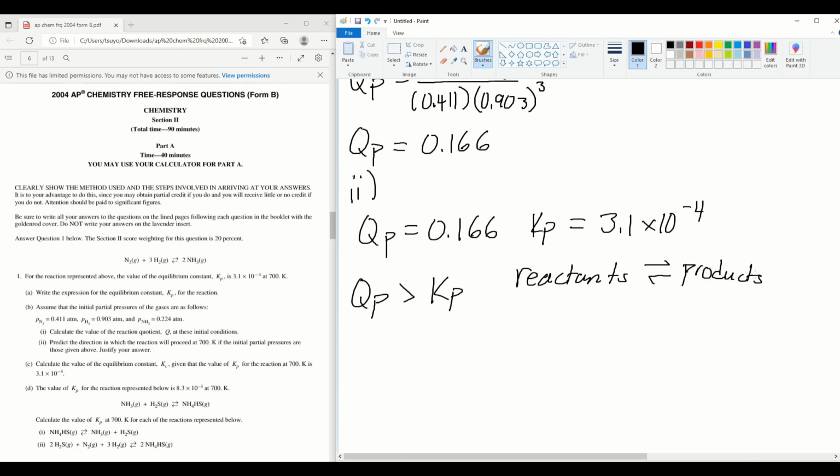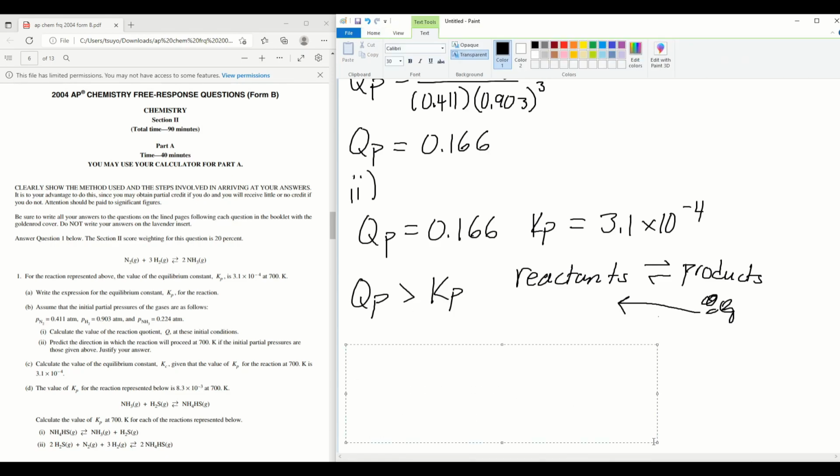So if there's more products here than there is at KP, we need to move some of these products over. So we know that because QP is greater than KP, I will just type this out. The reaction needs to shift to the left in order to reach equilibrium.